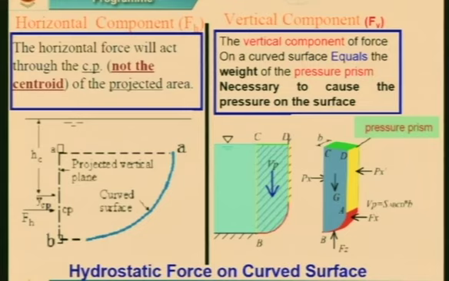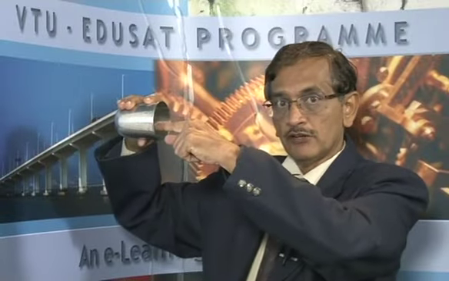So one thing is very clear, in the curved surface we have got two components. One is the horizontal and one is the vertical. Horizontal is nothing but the horizontal force, same formula, but only the projected area. I will talk about that, but the formula remains the same: gamma W into A projected into HC bar. What is HC bar? If this tumbler is there, the centroid will be here.